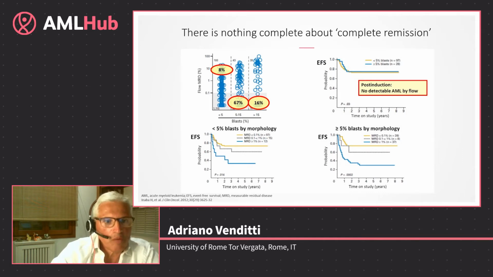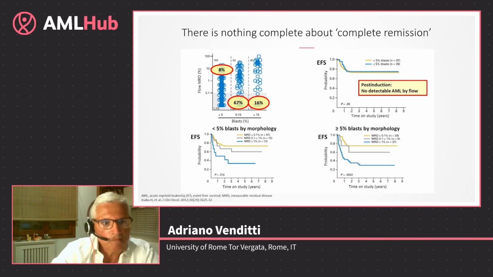From a morphological point of view, the samples were categorized in 3 groups: complete remission, less than 5%, those with 5 to 15% bone marrow blast, and those with more than 50% bone marrow blast. At the same time, flow was used to detect MRD, with 0.1% being set as the threshold discriminating MRD negative and MRD positive patients.